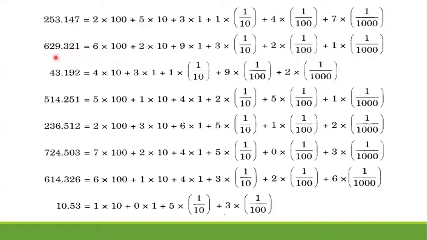Like this, you can also try all of the rest of the numbers, and you can write and read them. So decimal numbers and their extended form can be written if the place values of the digits are known to us.